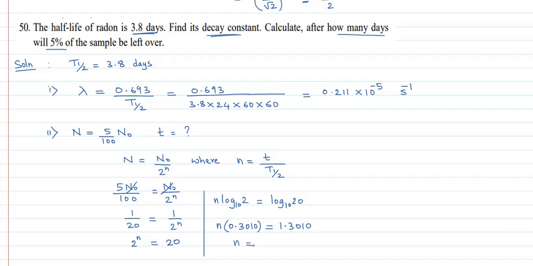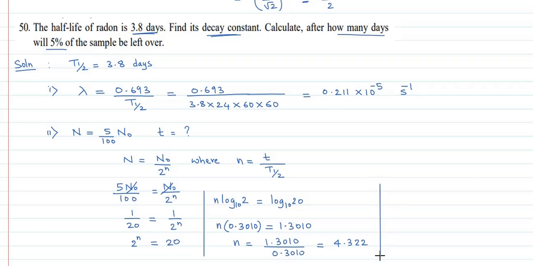So n is equal to 1.3010 divided by 0.3010. If you divide, you will have n is equal to 4.322. So now substitute in n is equal to t by t half.